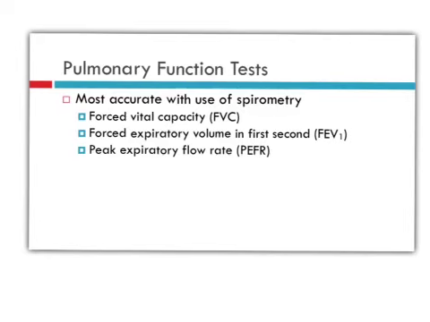Okay, for pulmonary function test, this is the test that accurately checks their lung volume capacity, also the flow rates, diffusion capacity, and gas exchange. They also use this to check if there's any airway resistance. So this is done in a more controlled environment, there's a machine that they use for this.